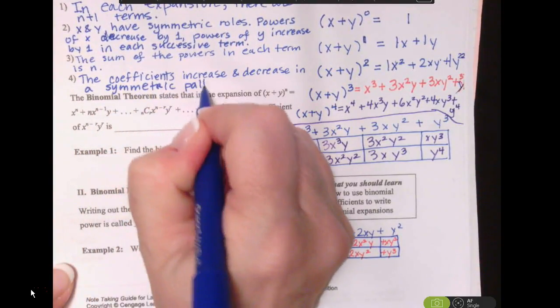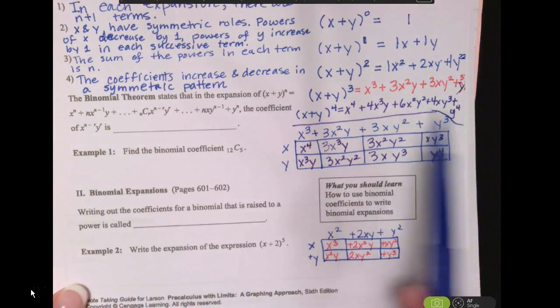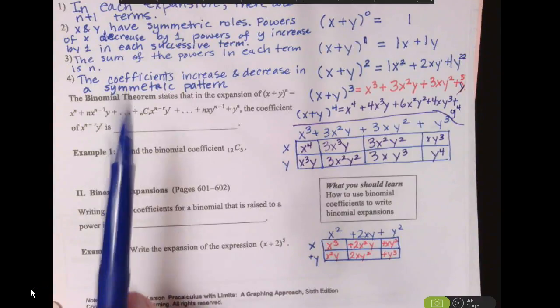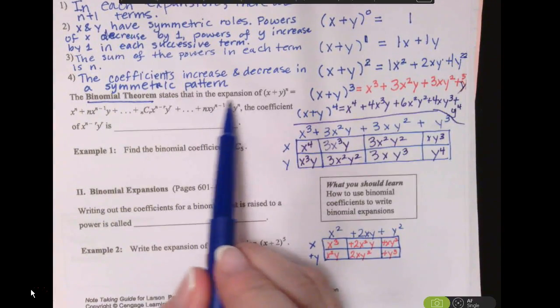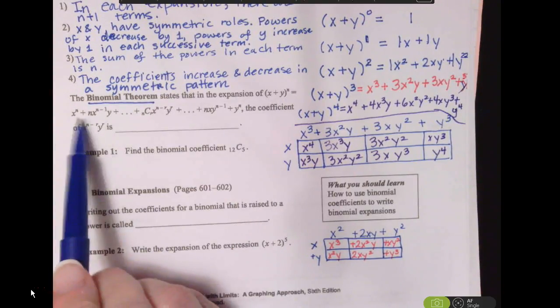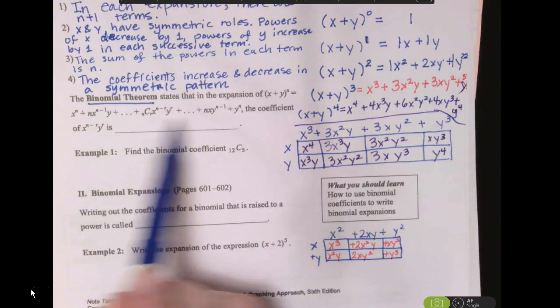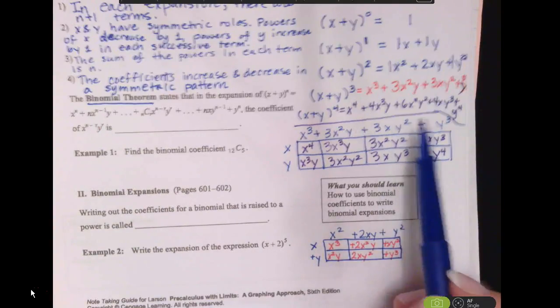Now there's two ways to figure out what will be the coefficient, and the first way is by using the binomial theorem, and that states that the expansion of x plus y to the n equals, and then here's a general formula describing what you see in the different expansions.